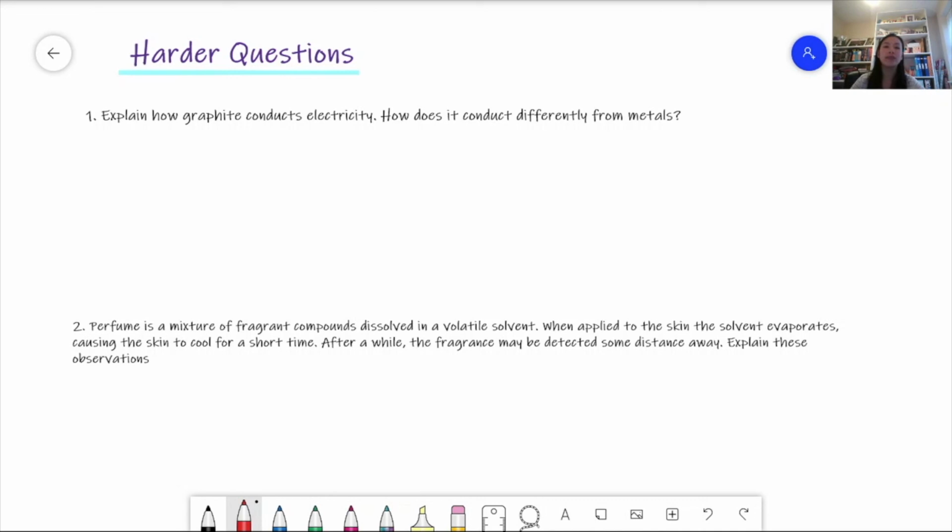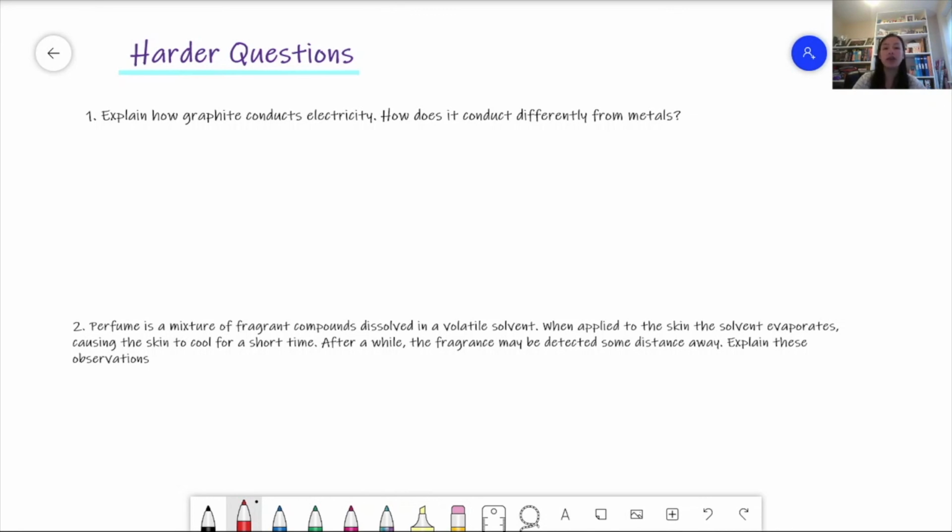Okay, so this is a bit more of an applied question, but basically what happens is that when you apply it to the skin and the solvent evaporates, and when something evaporates, it actually takes away heat, because energy is required to turn it into a gas. So that's why the skin cools for a short time.